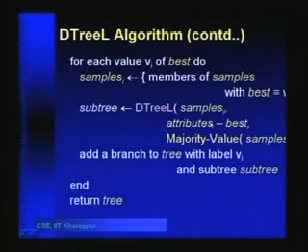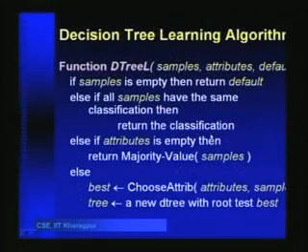And the other scenario that can happen is that you run out of samples. Then we return this default. See, this is the third parameter. So if the sample set is empty, then we return that value.